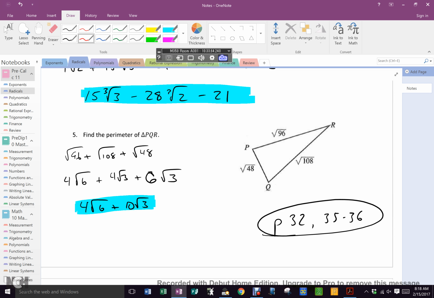But it's not. You have 5 root 12 plus root 96, yes? Well, root 12 is 4 times 3. So it's 10 root 3. And 96 is 16 times 6. So it's 4 root 6.